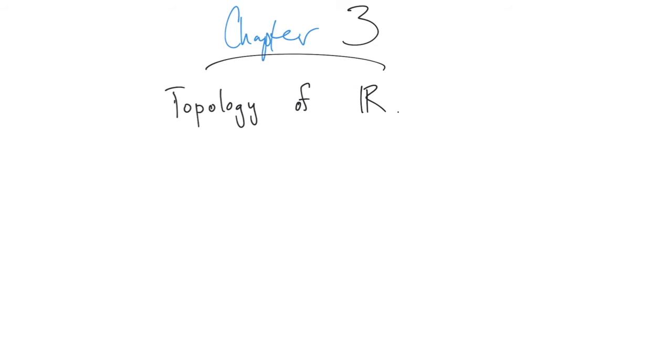Chapter 3, which is, I think, called Basic Topology of the Real Numbers. Topology of the real numbers. I mentioned once this word topology, and we've talked about topological ways of thinking.